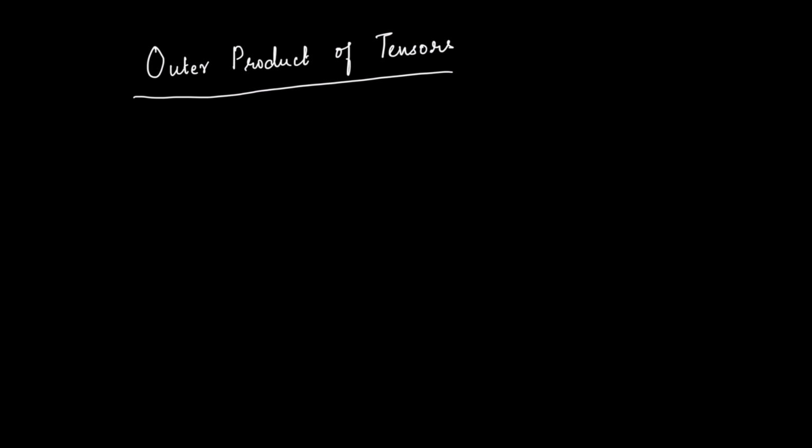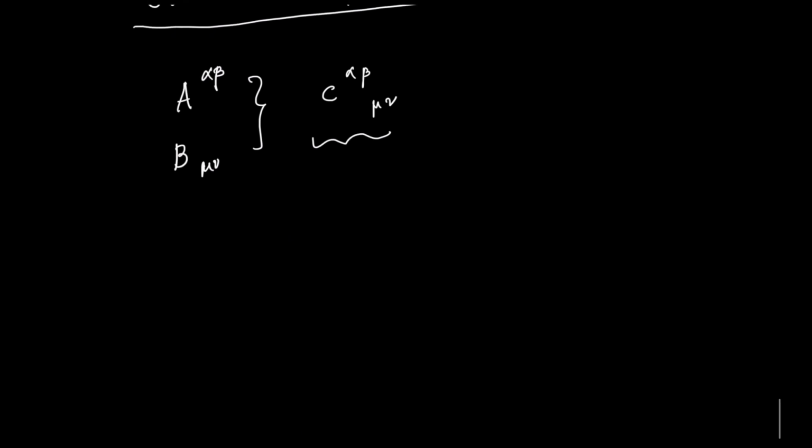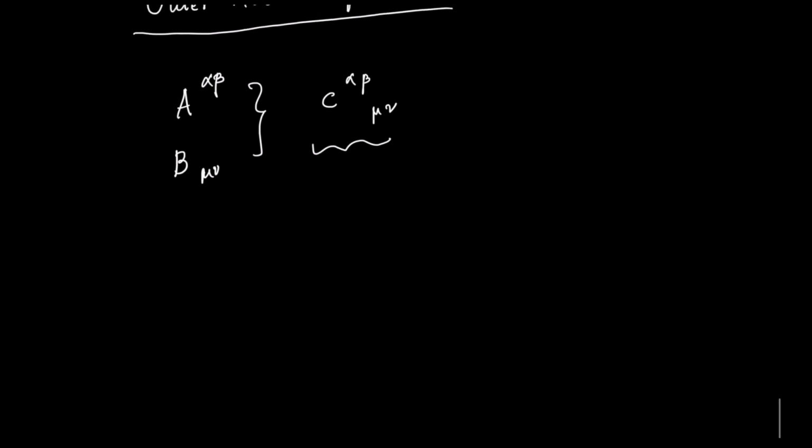For example, if you have a tensor A alpha beta, which is a contravariant tensor of rank 2, and you have another tensor B mu nu, which is a covariant tensor of rank 2, then their product will be a tensor C alpha beta mu nu, which is of order 4. What will be the transformation?